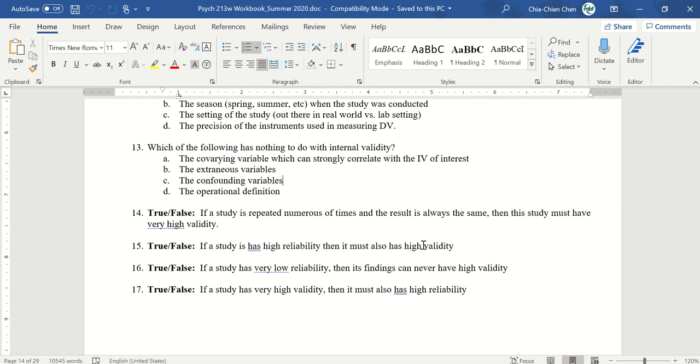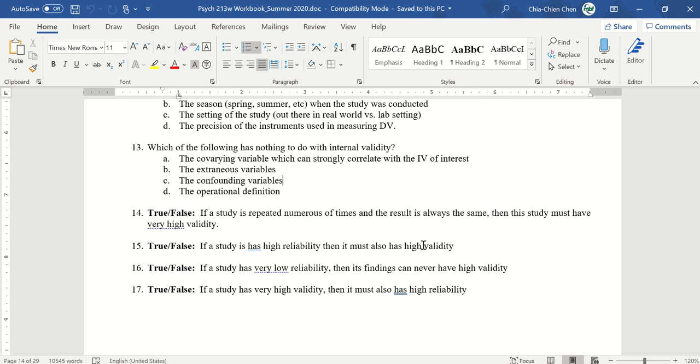That makes sense, right? So imagine if every time that I step onto the scale it gives me a different number. The first time I step on it, it says I'm 5 pounds, and the second time I step on it, it says I'm 5,000 pounds. That's not very reliable, okay? Therefore, it can never be very valid either, okay?